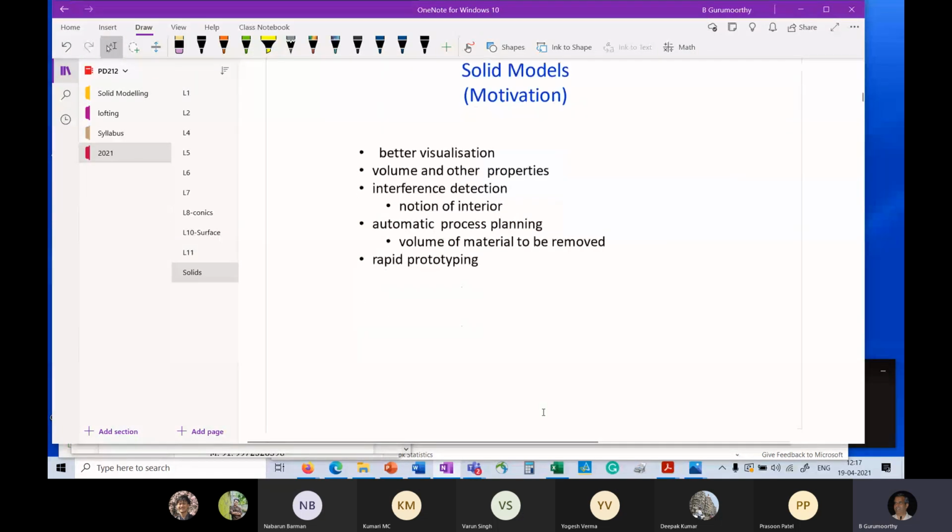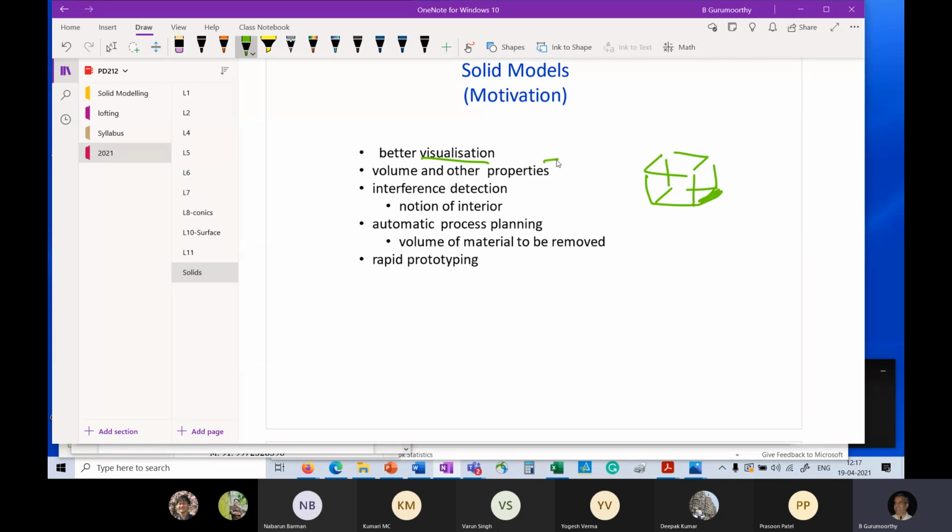As I said, it started with the visualization question. You have a computer representing some 3D object, but unless the user sees it and gets feedback on what object is being designed, it is not very convenient or useful for the user. Therefore, rendering or visualization was the first motivation to look at solid models.